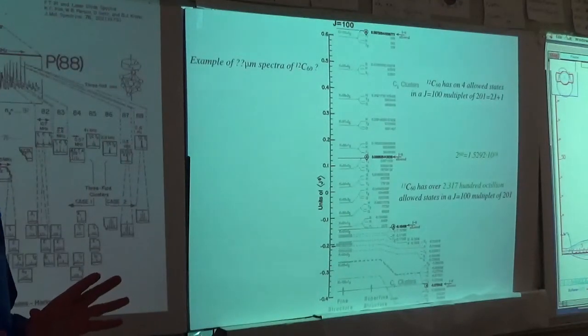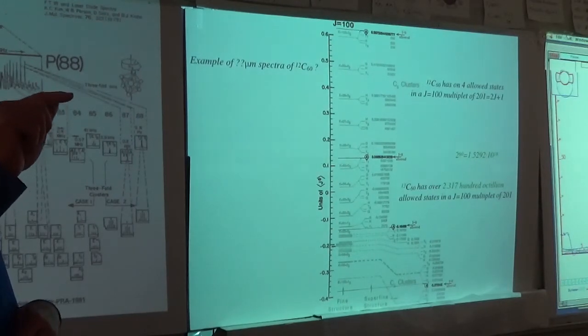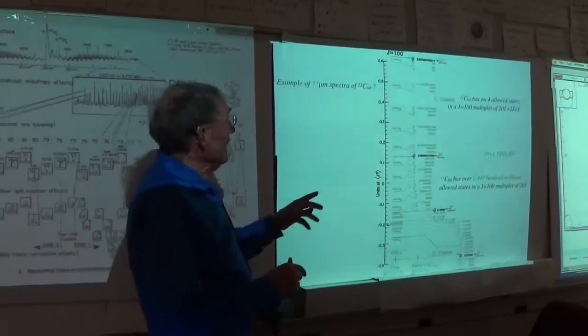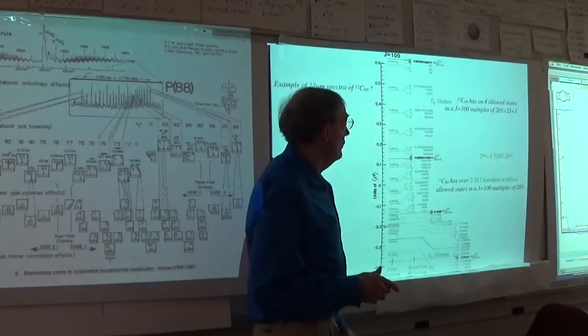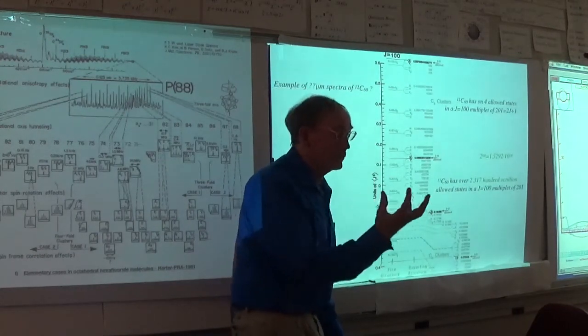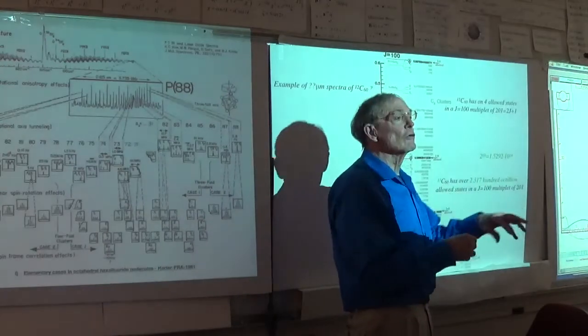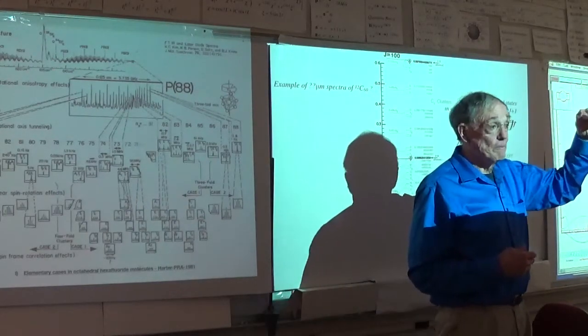Remember, I said that each of these species is like a different chemical. That is, you shine your light on it, and it goes up to an extra quantum of vibration.